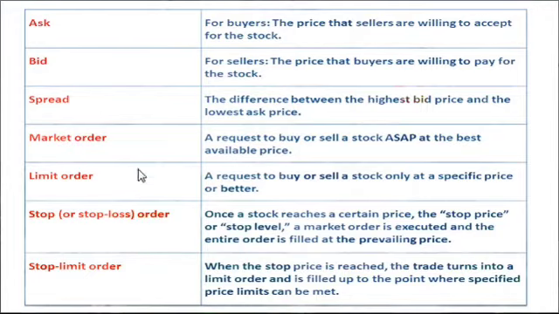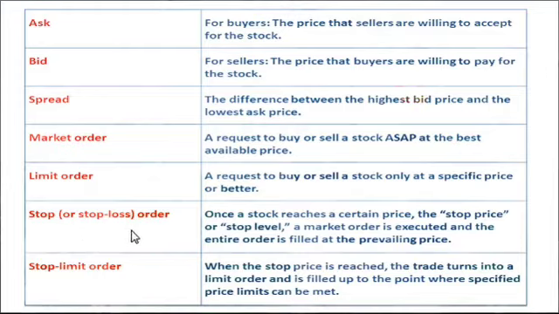Now see the different types of orders. Market order. What is a market order? A request to buy or sell a stock as early as possible at the best available price. Another one, the limit order: a request to buy or sell a stock only at a specific price or better. Coming to the important order, the stop order or stop loss order.